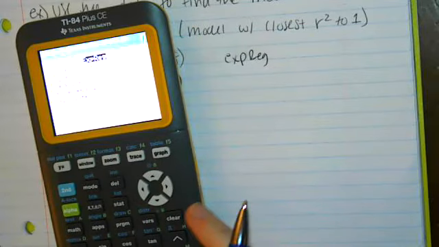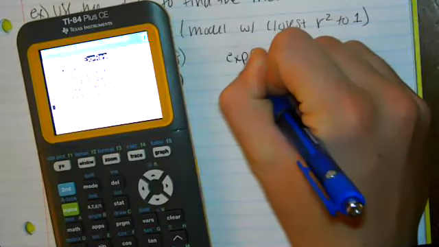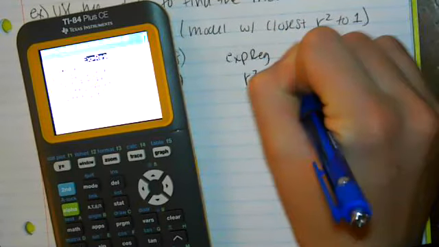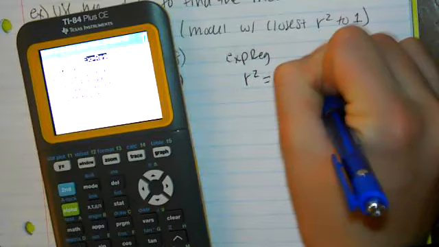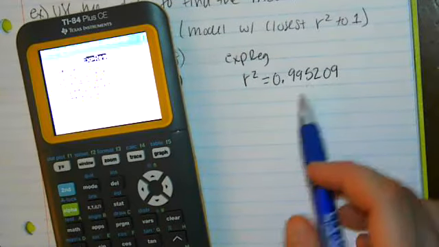Okay, you have to enter a couple of times down until you're flashing over the calculate button. Enter one more time, and I'm getting an R squared of 0.995209. I'm going to record that down and come back to it.